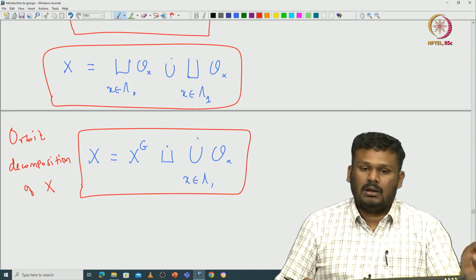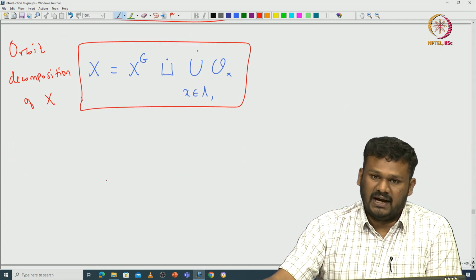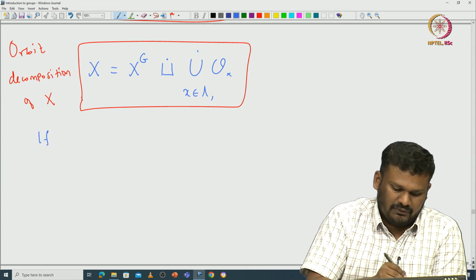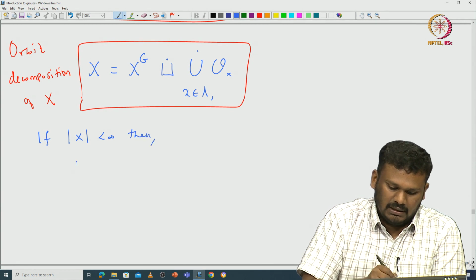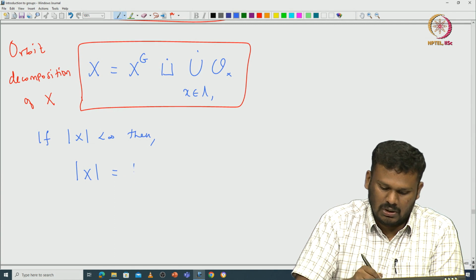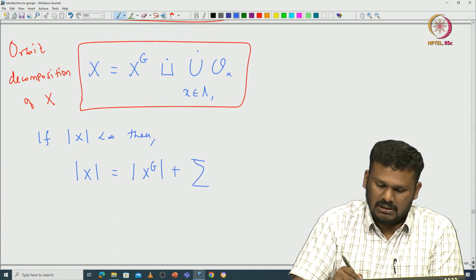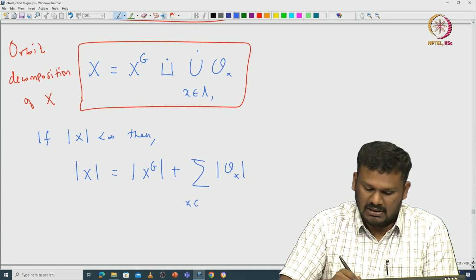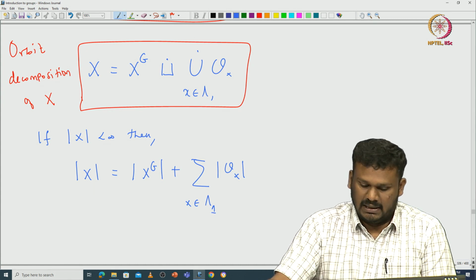Now in particular if capital X is finite, then we have the following observation. The cardinality of X can be computed as follows, which is exactly equal to the cardinality of X power G plus the sum of the cardinalities of the orbits where x is coming from this indexing set lambda 1.